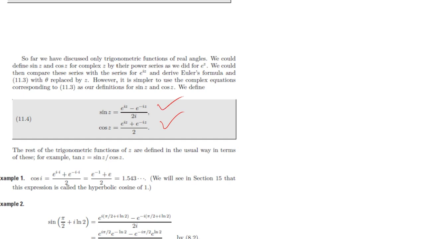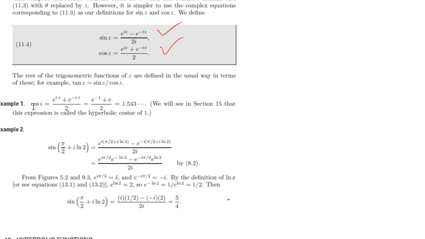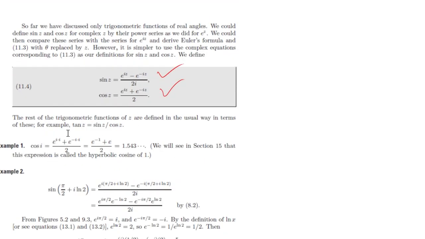As an example mentioned in the book, you have to evaluate cos of iota. Cos of iota does not make any sense normally if we don't know these formulas. But if we know, then I'm referring to this kind of formula here. You just plug in the values.